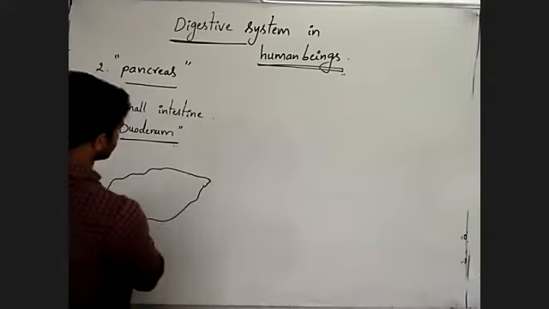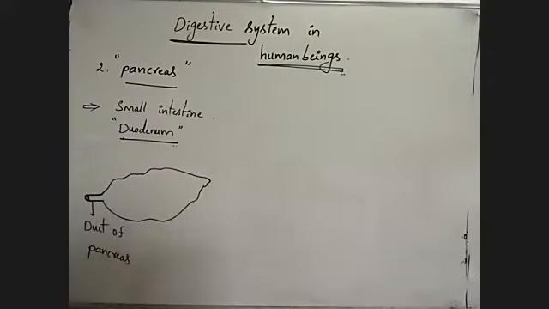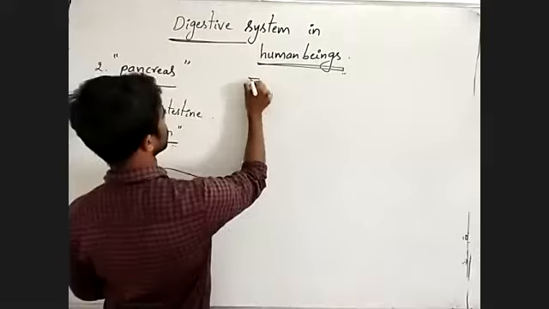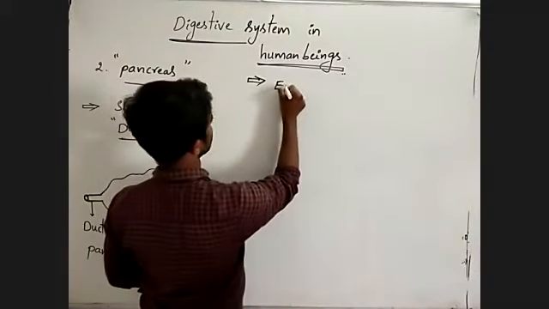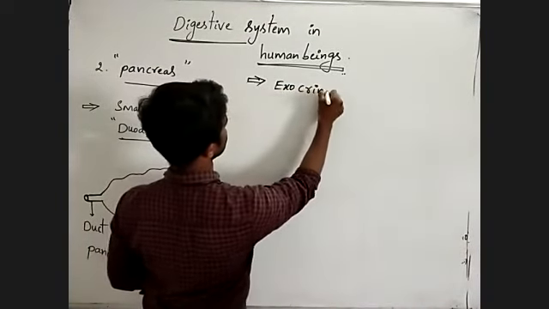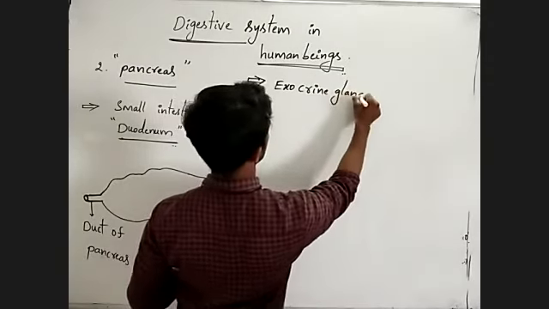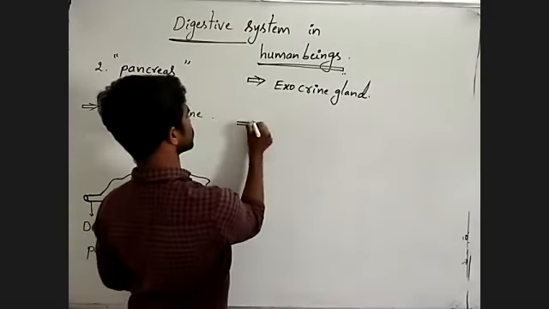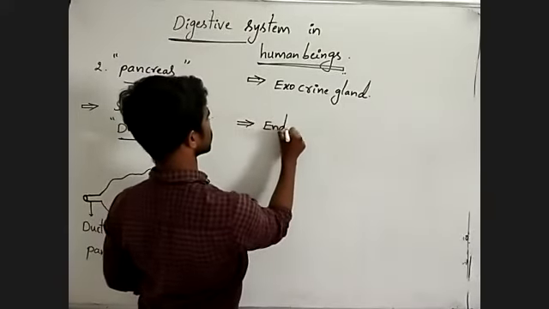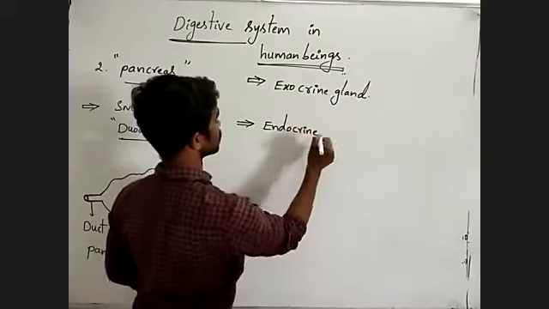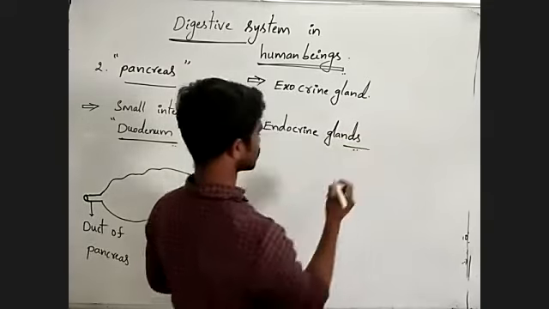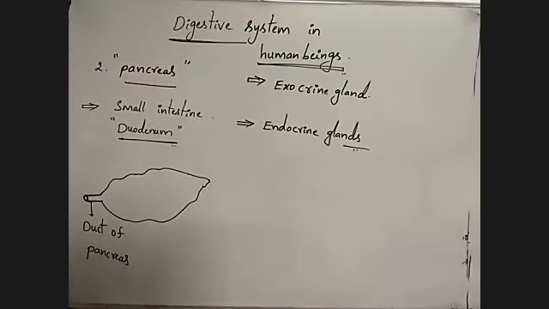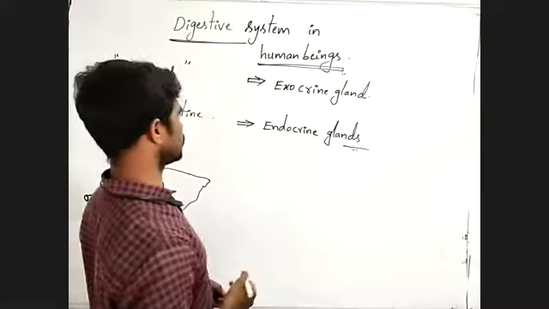When we observe the pancreas, it acts as two types of glands: exocrine gland and endocrine gland.